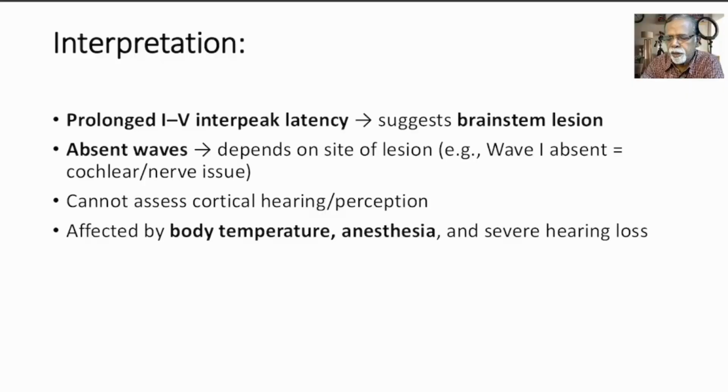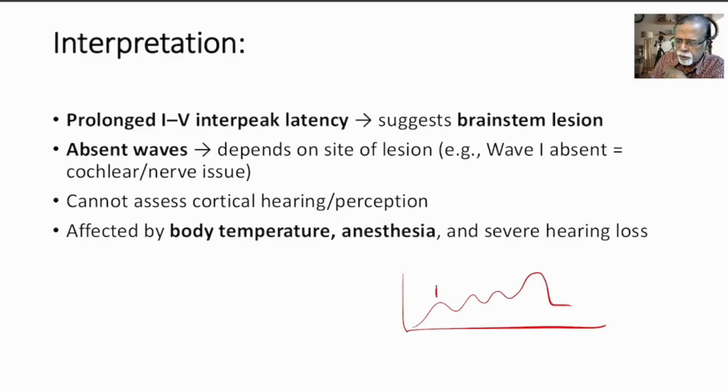What is the usefulness? The latency. What is the latency? That is the distance between the waves. Wave 1 is from the cochlear nerve, wave 5 is from the inferior colliculus. If this latency is increased, that means the patient has got a brainstem problem.